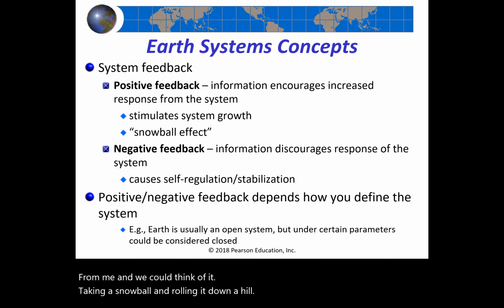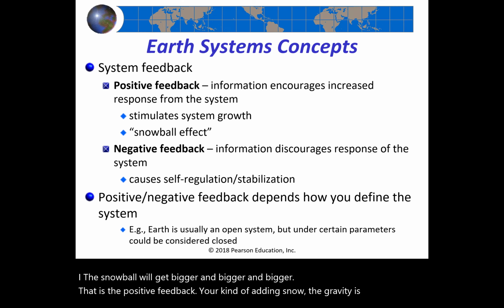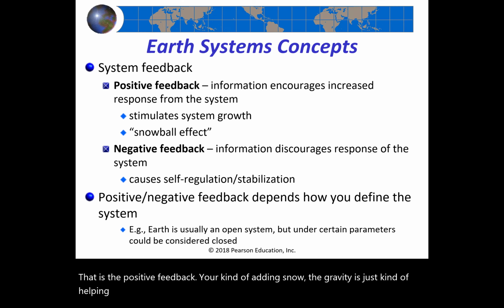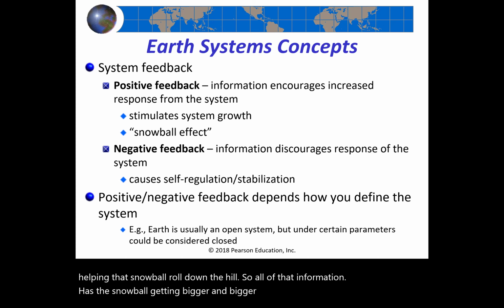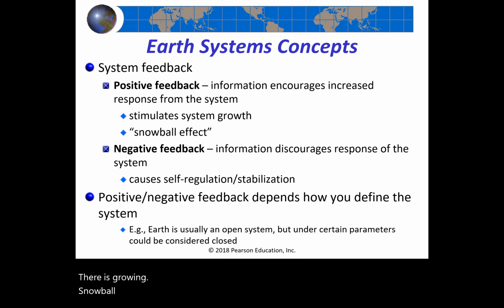As it rolls down the snow covered hill, the snowball will get bigger and bigger and bigger. That is the positive feedback. You're kind of adding snow. The gravity is just kind of helping that snowball roll down the hill. So all of that information has the snowball getting bigger and bigger. The system there is growing. Snowball is growing.